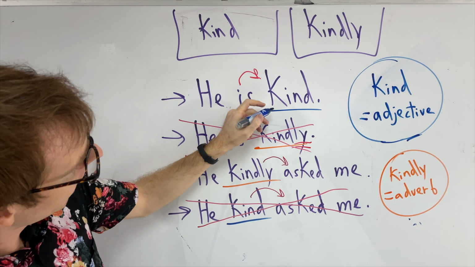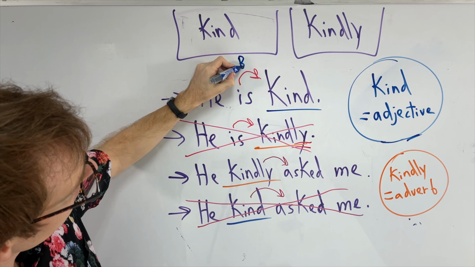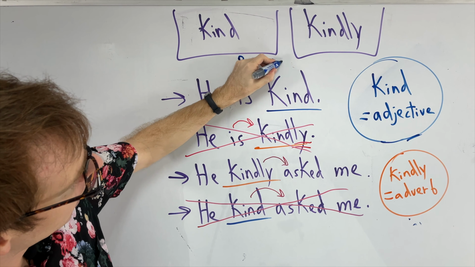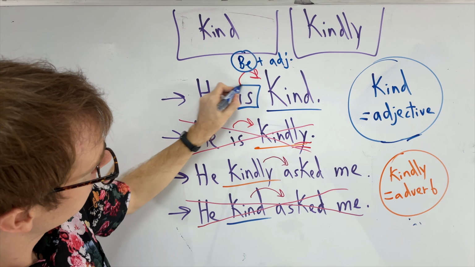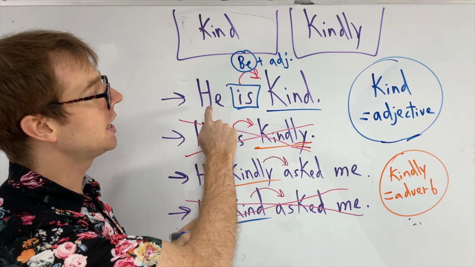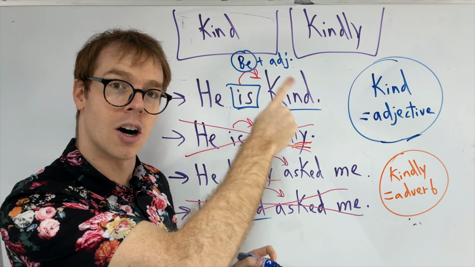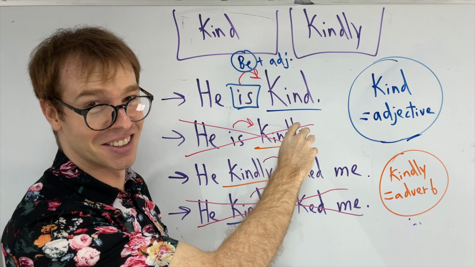He is kind. Adjectives, right? We often use be plus our adjective. So is a be verb. So I can say he is, you are. Of course, I am kind.